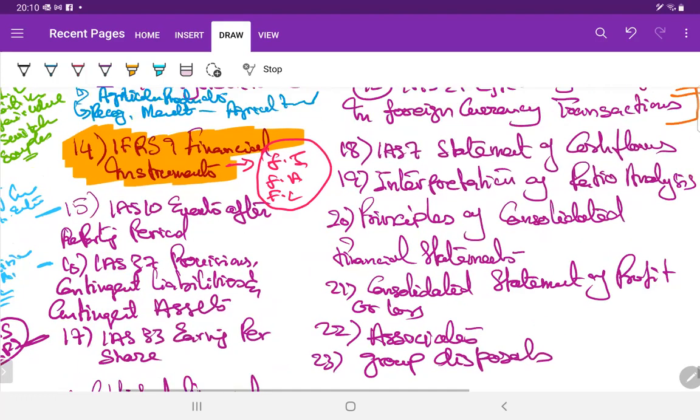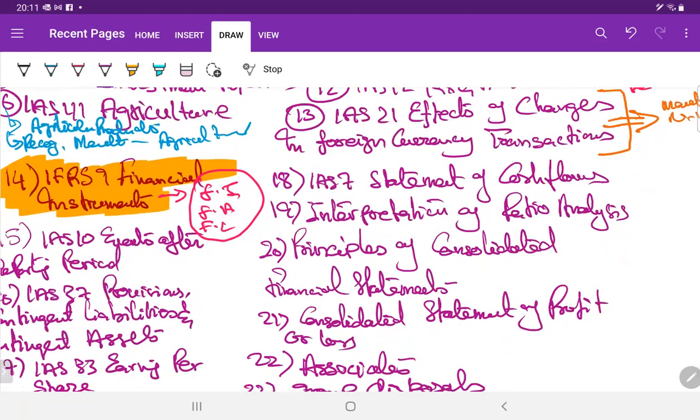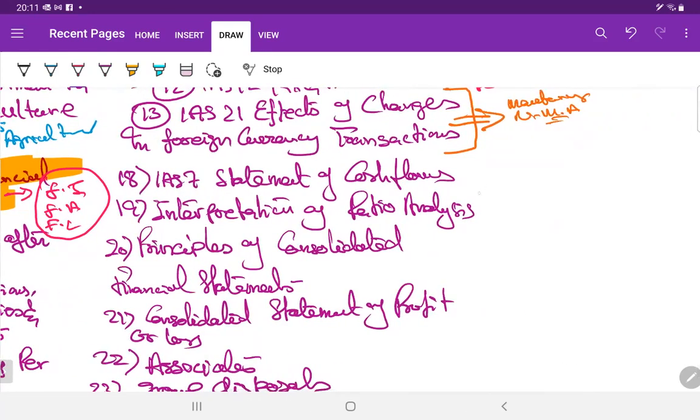Then we will move to our other part, that is IAS 7 statement of cash flows, which you have already studied in financial accounting F3 paper as well. We will cover that in detail. Then we will have a new topic, interpretation of ratio analysis, which will include all the ratios, including profitability ratios, liquidity ratios, gearing ratios, investment ratios, vice versa.